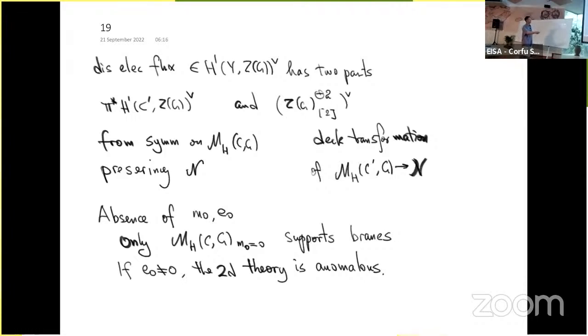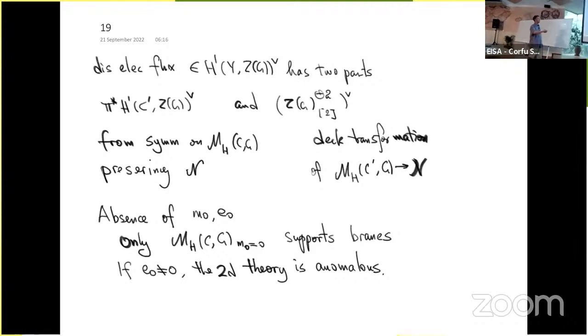What about the discrete electric flux? Now, if you calculate the first cohomology with that particular Y, it also has two parts. One is this, which is part of the symmetry on the Hitchin moduli space, but only those that preserve the world volume of the brane, which is very natural.